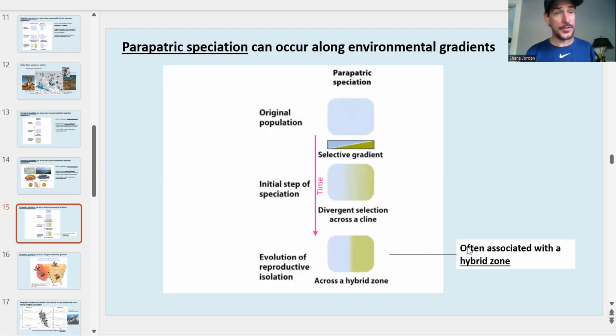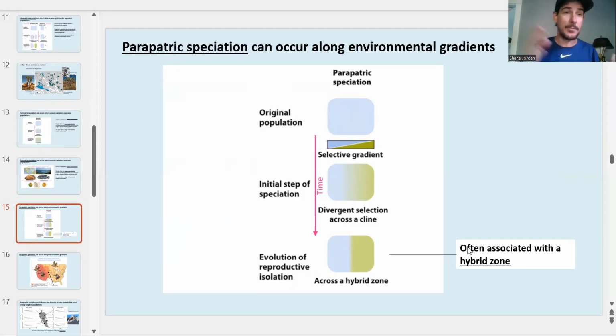And we can talk about this thing called parapatric speciation, or parapatry. This is usually something that occurs along environmental gradients. So environmental gradients are gradients along which some type of environmental factor is changing.